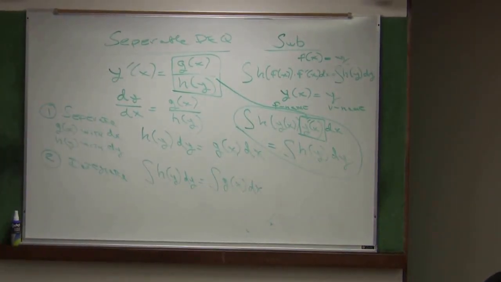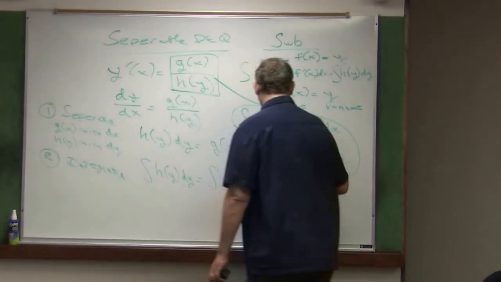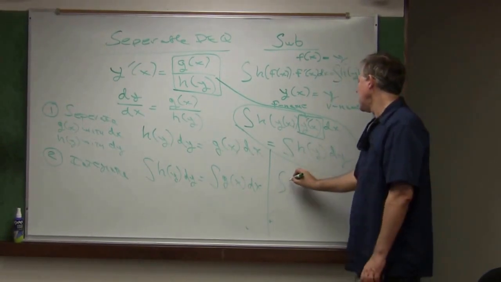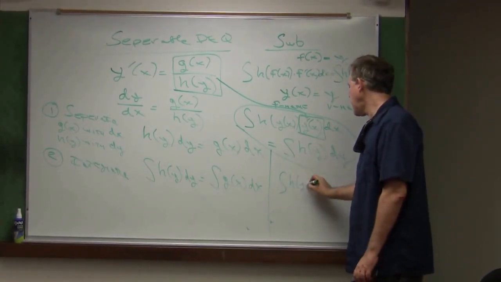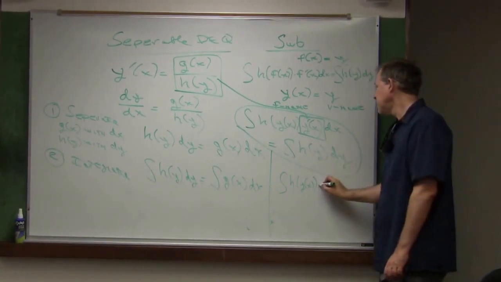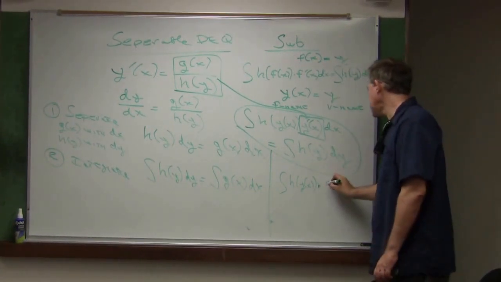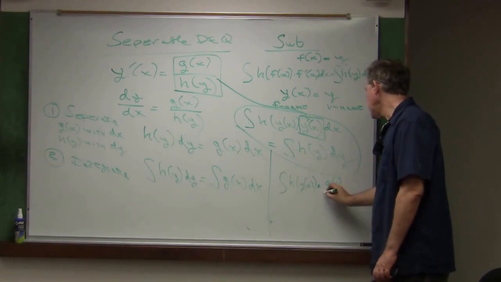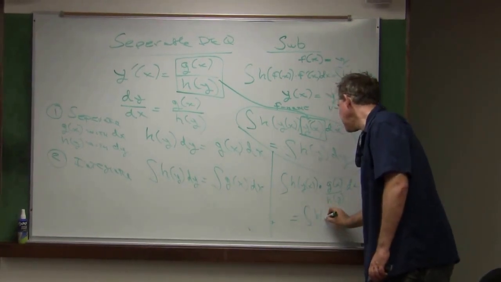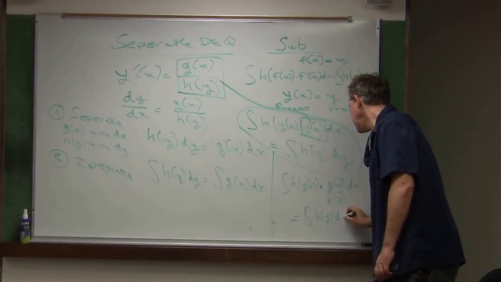When I do that, I get the antiderivative of h of y of x times g of x over h of y dx is equal to the antiderivative of h of y dy.